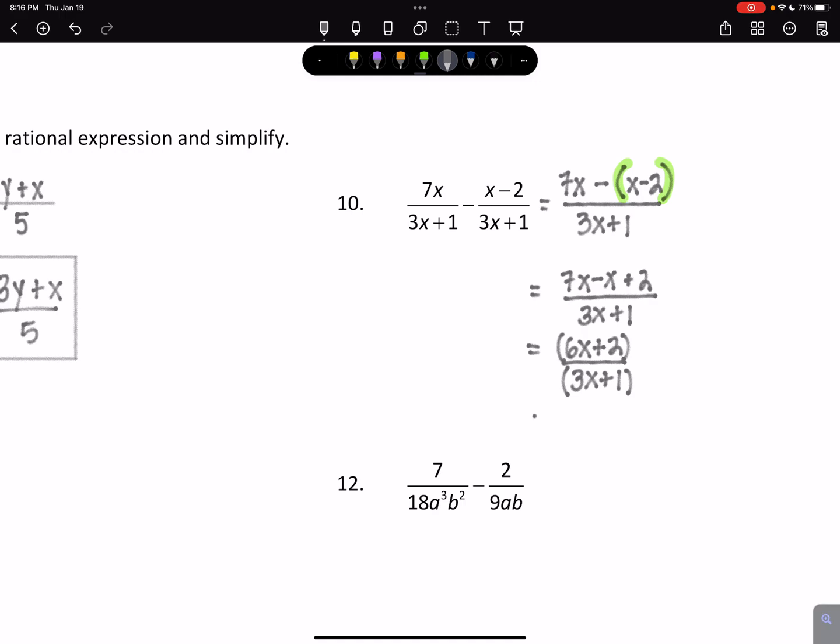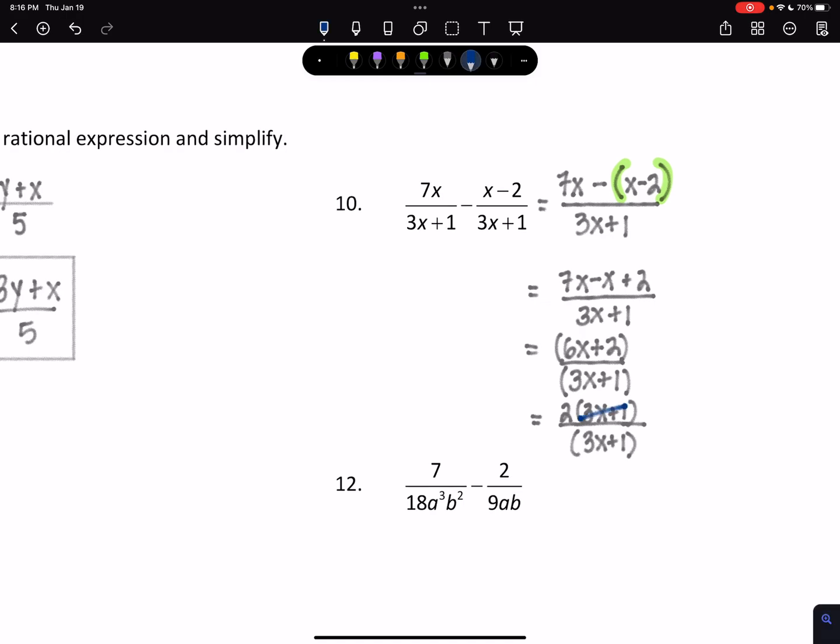I'm going to factor out a 2 out of the numerator, which gives me 3x plus 1 times 2 in the numerator, and then I have a 3x plus 1 in the denominator. The 3x plus 1 over 3x plus 1 is a factor or a quotient of 1. So my final answer is just 2.